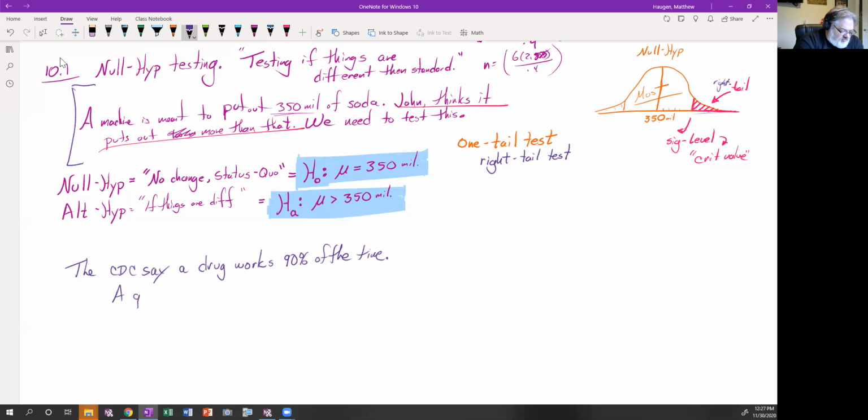A group of some sort says they are wrong. And if we're going to test that, what would our null hypothesis be?